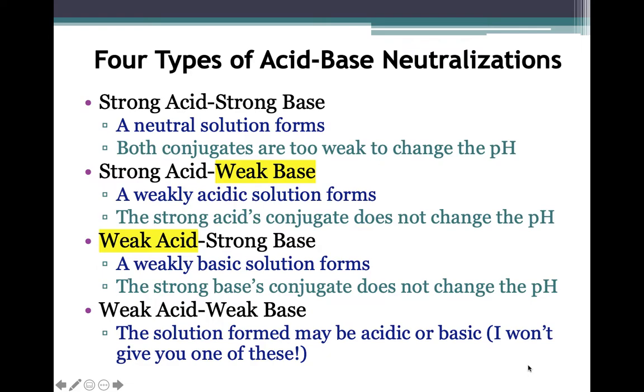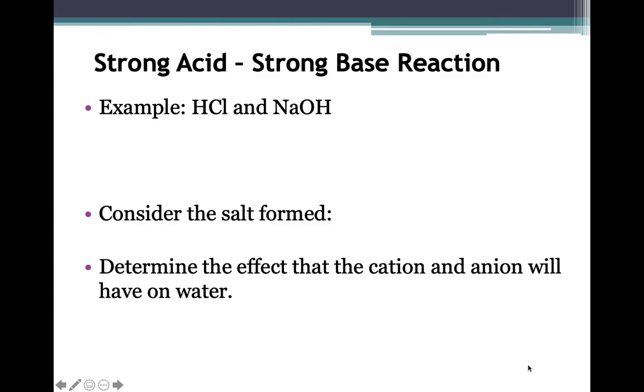I know you're excited. So I'm going to go through some examples. When I have hydrochloric acid with sodium hydroxide, the first thing I want to do is look at my reactants. Both of those are strong, which means they completely dissociate. Then when I look at the salt formed, I can determine the effect that the cation or the anion will have on the solution.